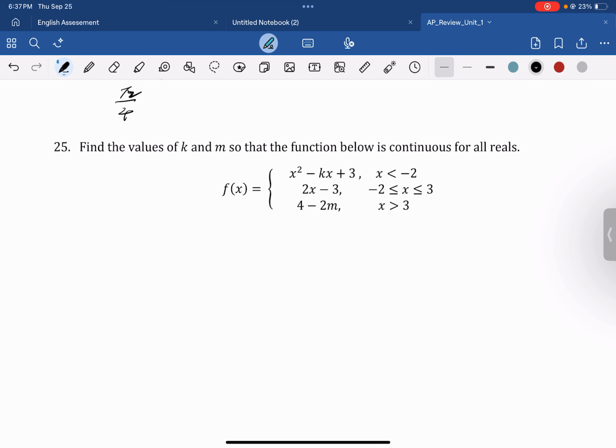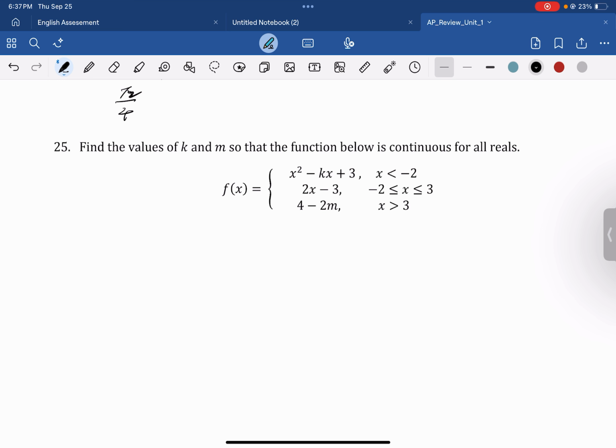So you're basically asking us about the boundaries of the function. So we have to verify the continuity at -2 and at +3, and those are the two points we have to verify.